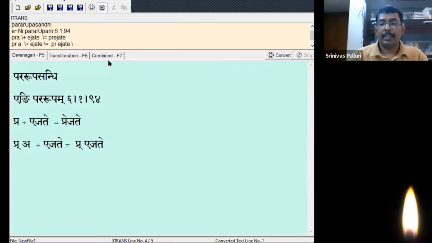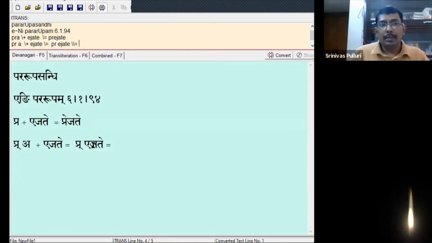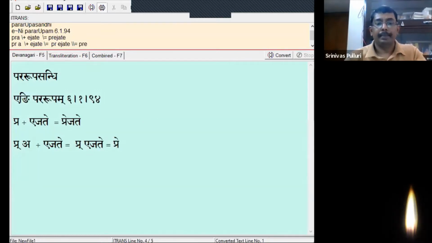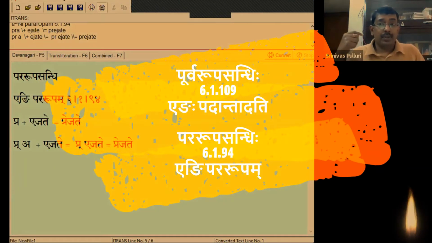So when pra ejate is there, by default what comes? Pr plus a, a simple combination. So it will become pre. The jate is common. Prejate. So this is called pararūpasandhiḥ.